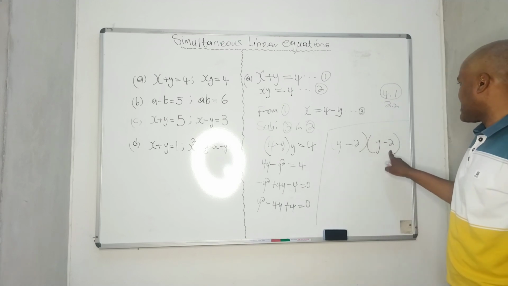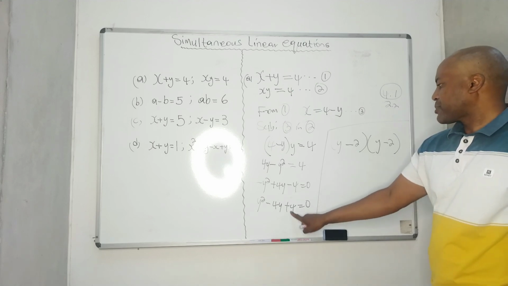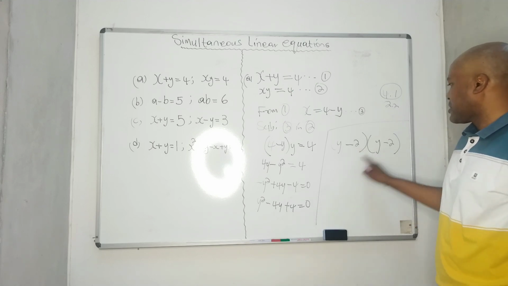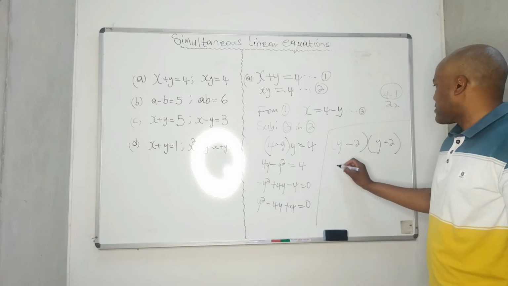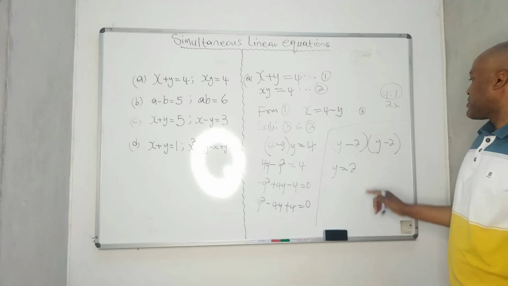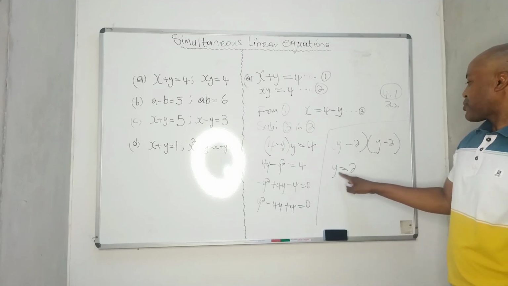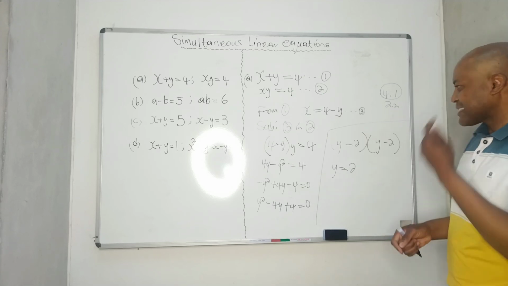Because if you multiply this, you're going to get positive 4. If you add this, you're going to get -4. So the value of y is equals to 2, right? The value of y equals to 2. So y equals to 2 or y equals to 2. It's one and the same, right?